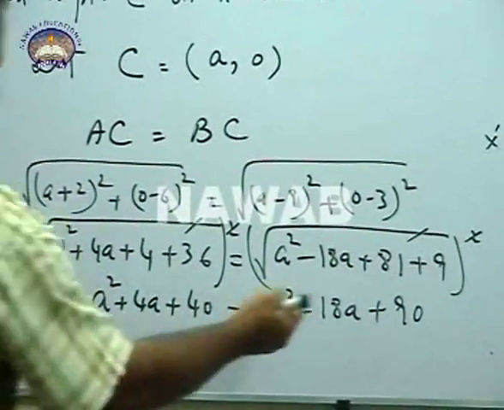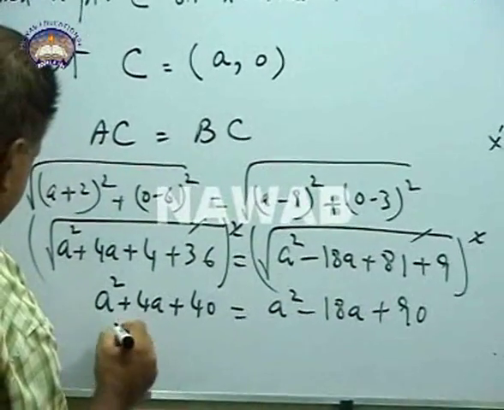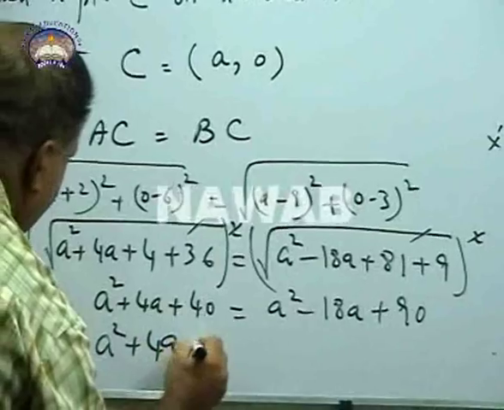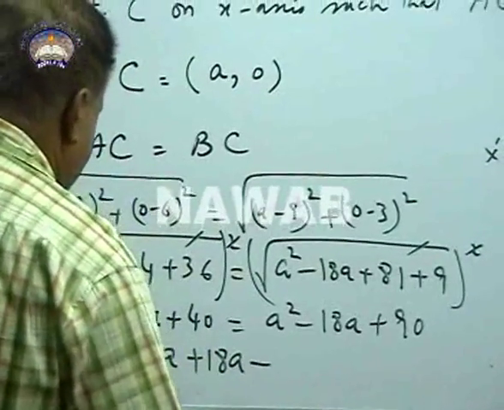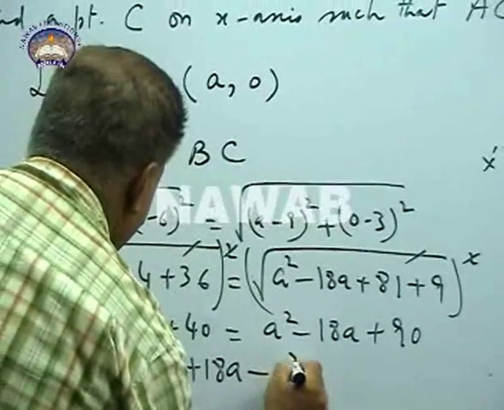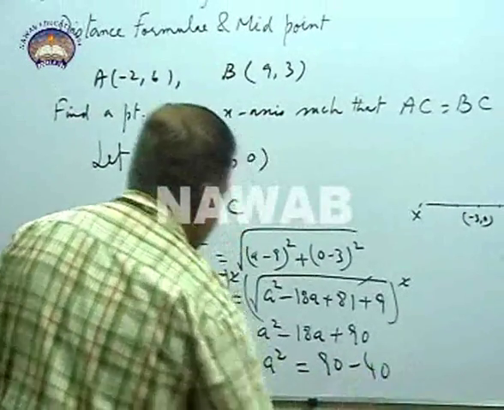Now if we bring these terms here, a square plus 4a plus 18a minus a square is equal to 90 minus 40.